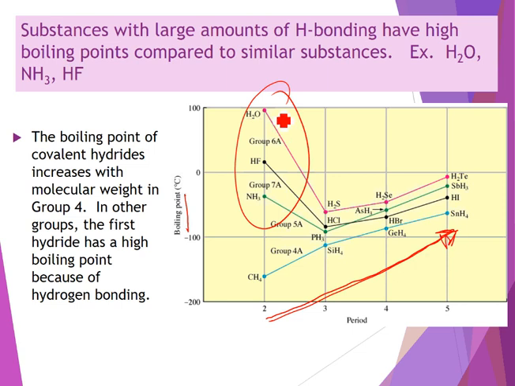But these three molecules, water, hydrogen fluoride, and ammonia, are very different from the rest of the trend in that they exhibit condensation at much lower temperatures. Condensed states of matter, that's what I mean when I say condensation. They form liquids at much lower temperatures. So this is why we have a unique category called hydrogen bonding.